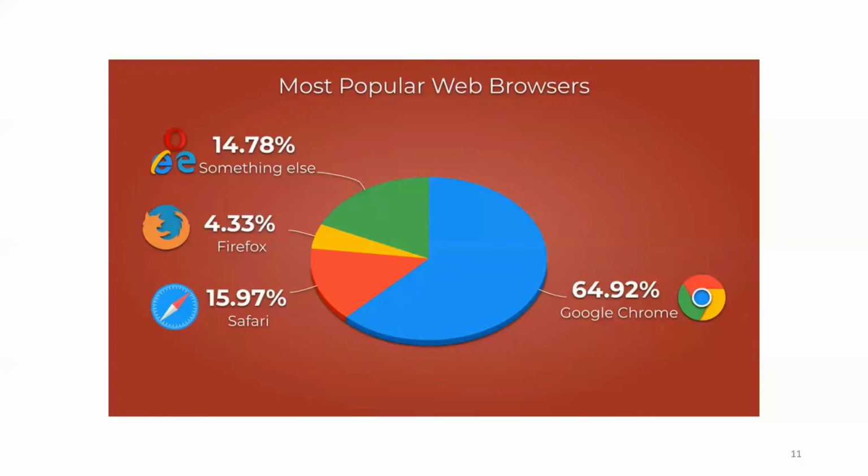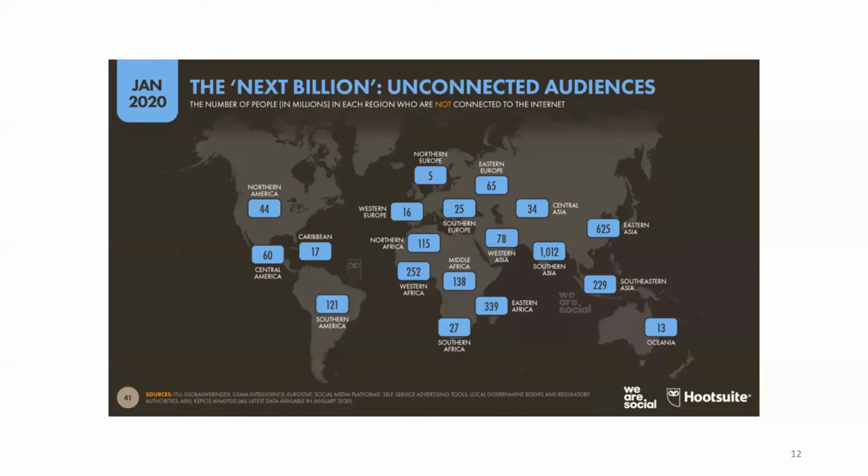Of course, Google Chrome is taking a very large market share, about 65%. And then the unconnected audience, meaning that there is a wide market for the technology to penetrate. So you will see that the most are in Southern Asia, Western Africa. This is quite large, or Eastern Africa.